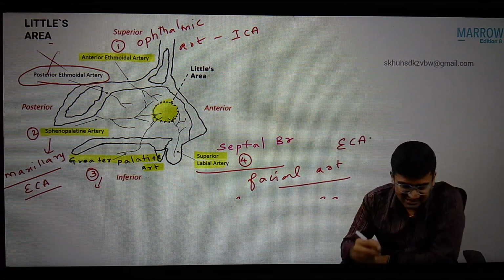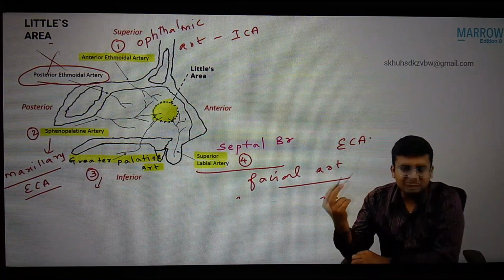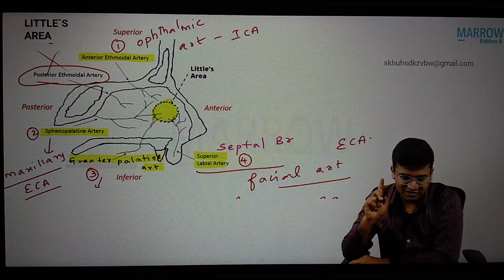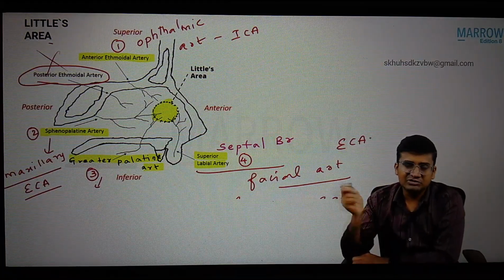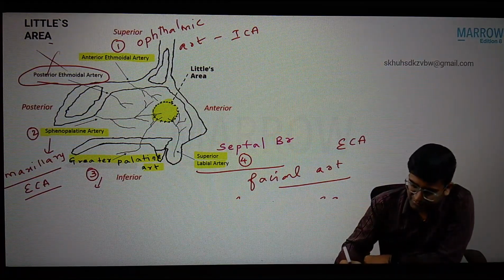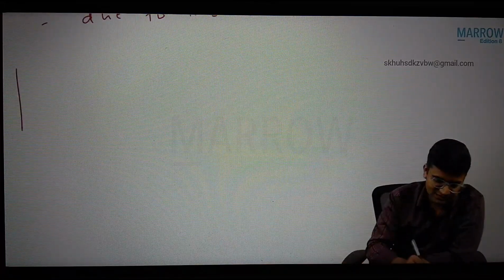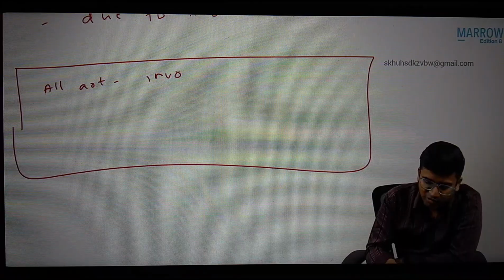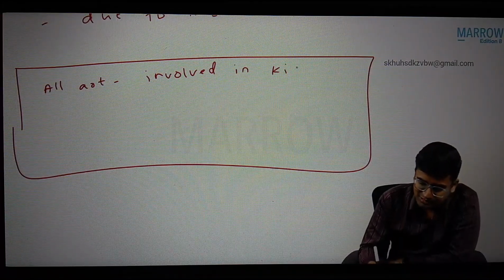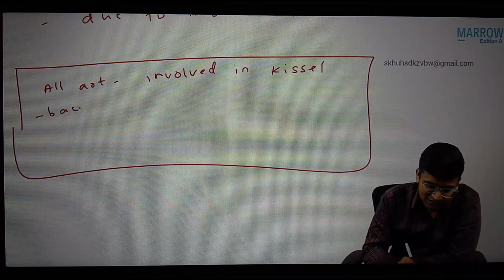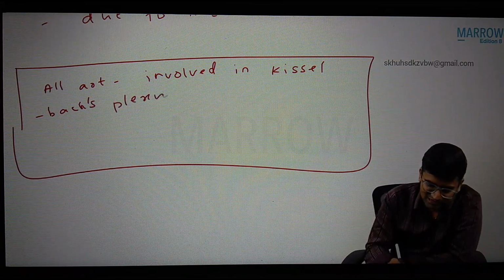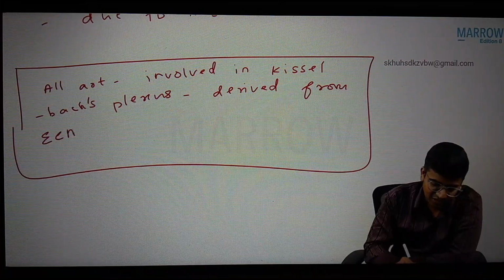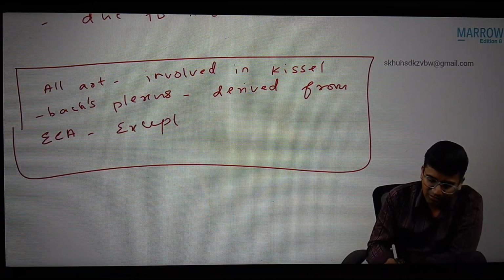So, now the arteries which are taking part in the Kiesselbach plexus are coming from the external carotid artery only, except only one branch. Which branch? Anterior ethmoidal artery. This is coming from internal carotid. So, please put one small box and then write all the arteries involved in Kiesselbach plexus are derived from external carotid artery, except only one branch.